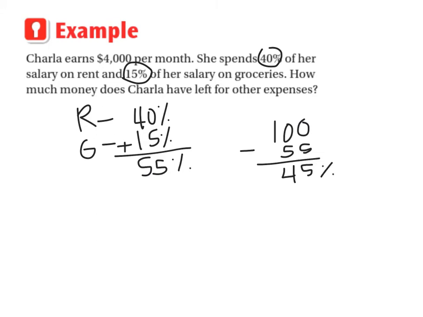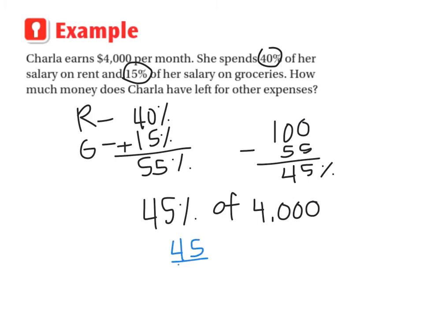Okay, so now I want to find what is 45% of the original salary, $4,000. And now this is just like the other problems we were doing a minute ago. 45 over 100 times 4,000 over 1.